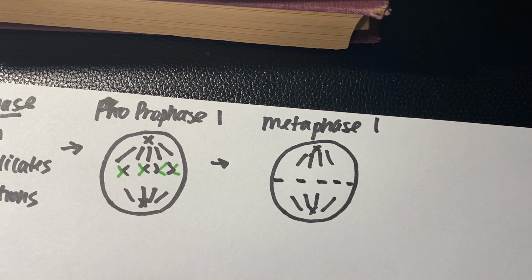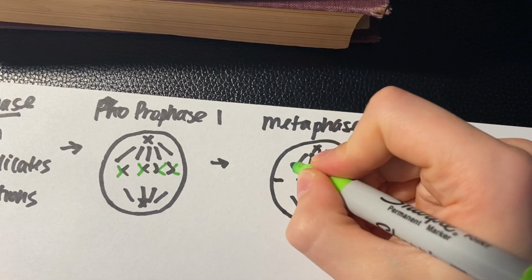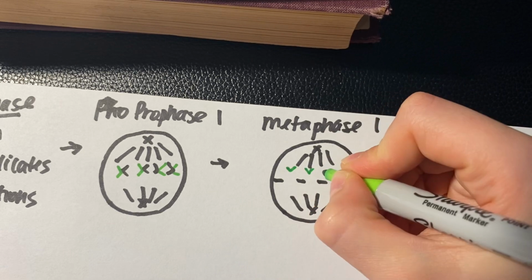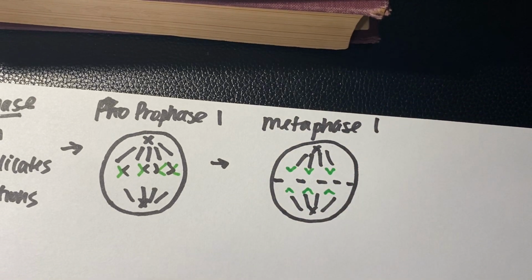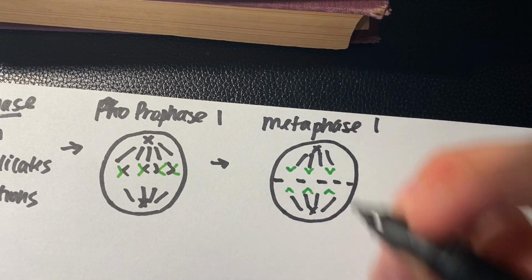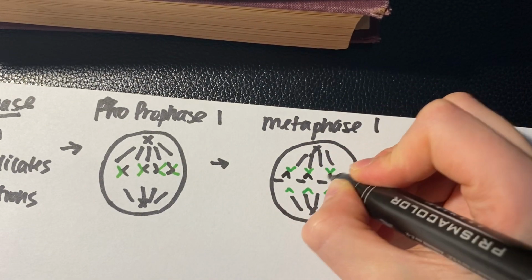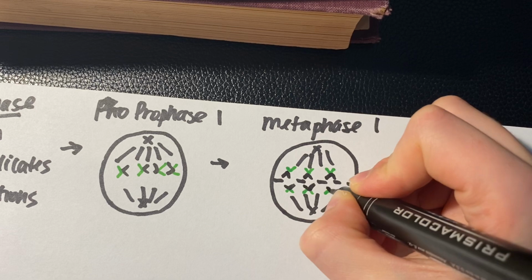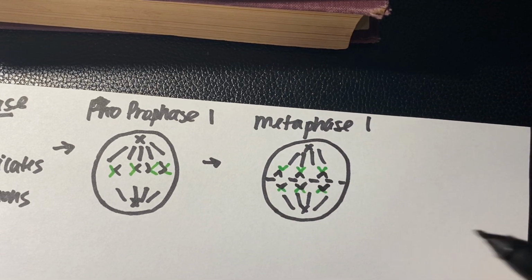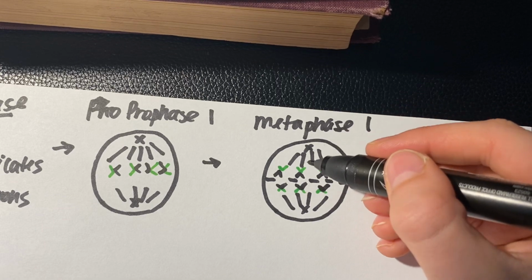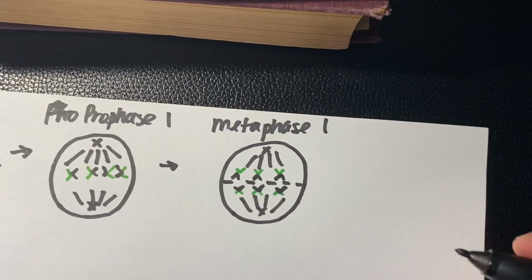But here's how it's different. Here we have two different lines of chromosomes, and they're all kind of just pulled to the middle.